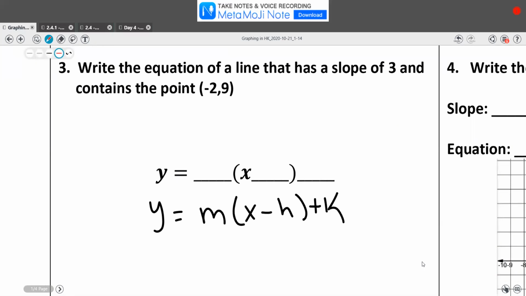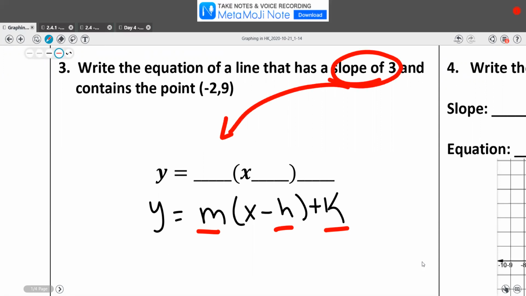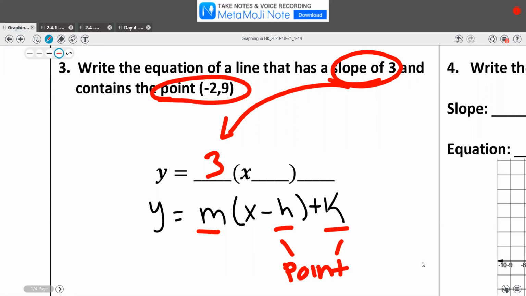So all we need to find is my m, my h, and my k. Remember that your m is your slope. In this problem, your slope is 3. So I'm going to put 3 right there. And it contains a point. Remember that your h and your k are a point, and it's giving you a point at -2, 9.